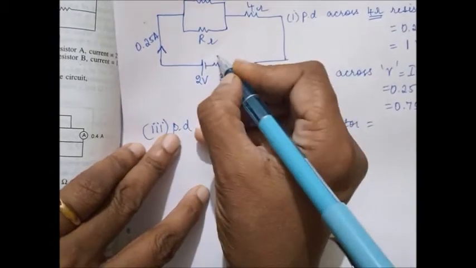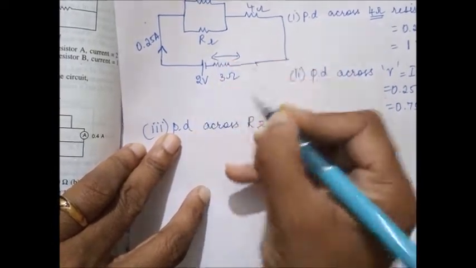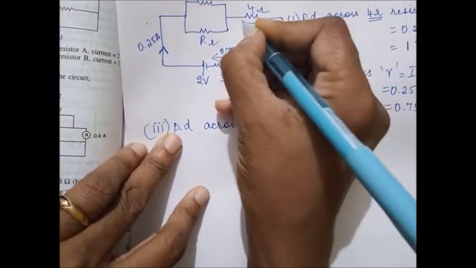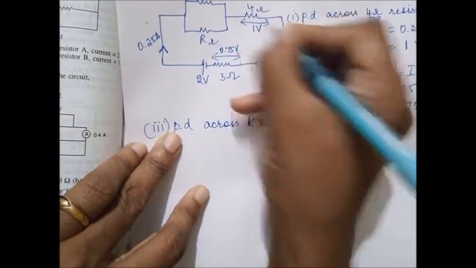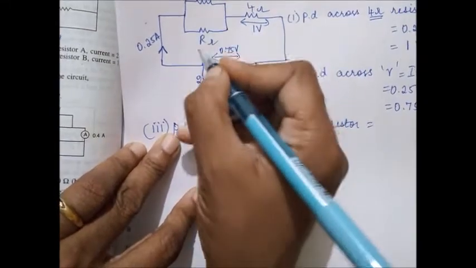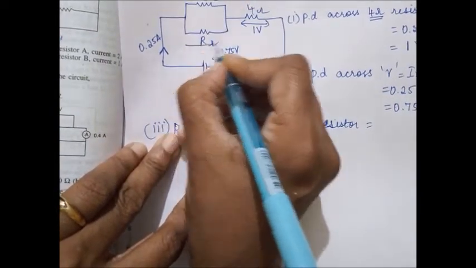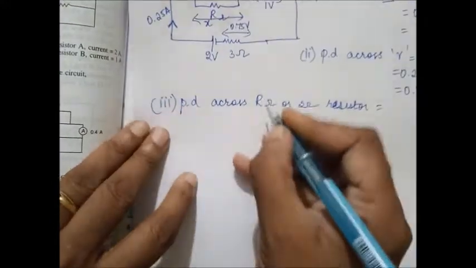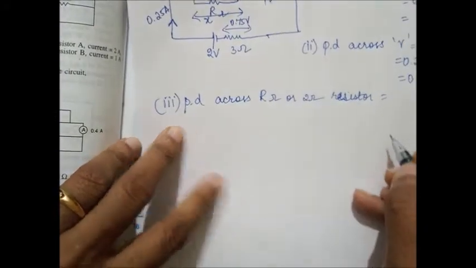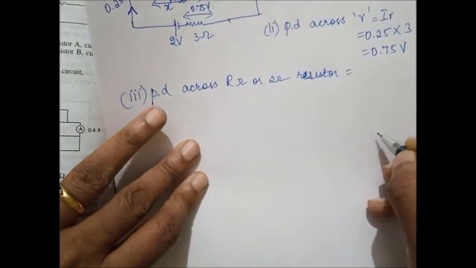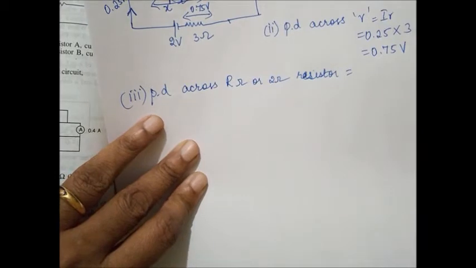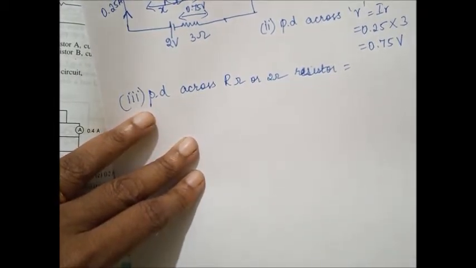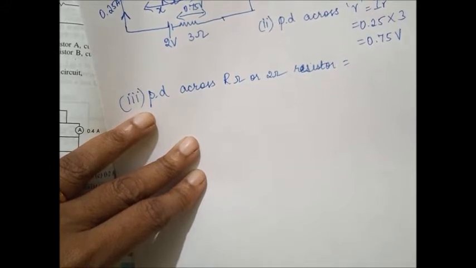Okay. So we saw that this potential drop is 0.75 volt. This potential drop is 1 volt. So this potential drop will be across this parallel thing. Okay, if I take it as X. So you remember in series combination, when 3 resistors are in series, we can say that V is equal to V1 plus V2 plus V3.